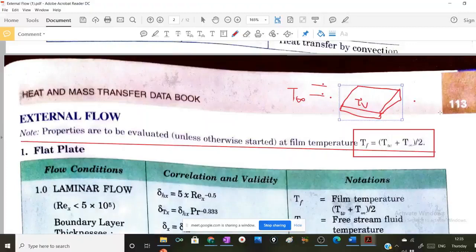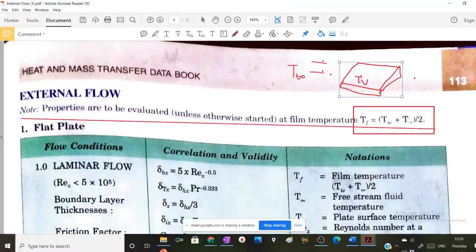For example, if the mean film temperature comes out to be 60 degrees Celsius and the fluid is air, I will refer to page number 34 for air and at 60 degrees Celsius find all the thermophysical properties for air: rho, mu, Cp, K, Prandtl number, like that. So this is the significance of this reference temperature.